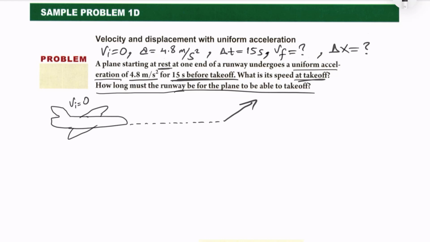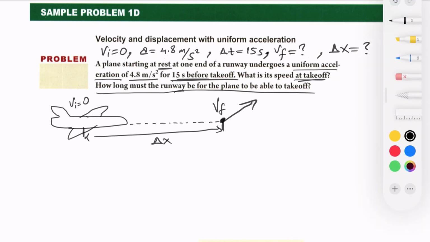It starts flying, but on the ground it's moving. So here the first question is the v final at this point. What is the takeoff speed, takeoff velocity, at this point? And the second question, what is the distance from its initial position to final position on the land? So it is delta x.